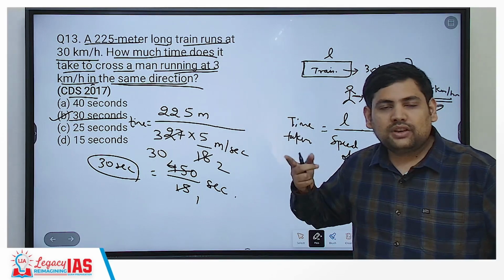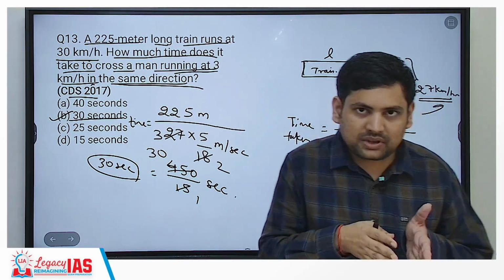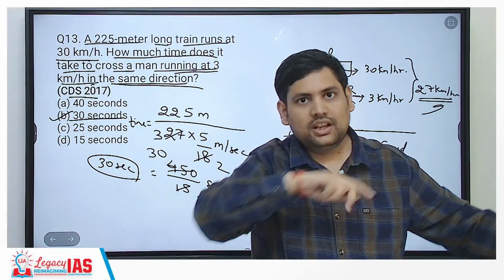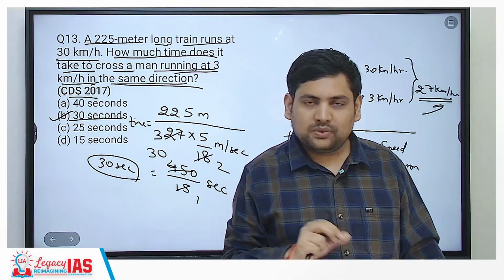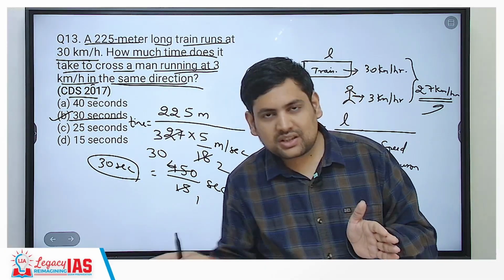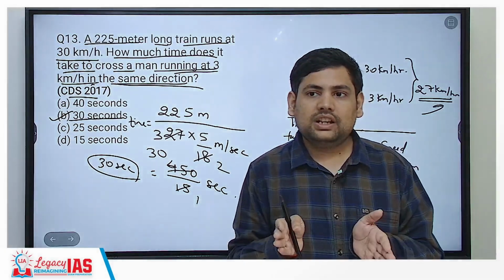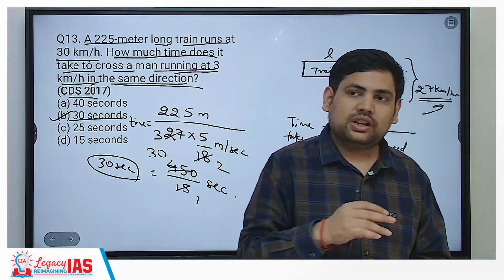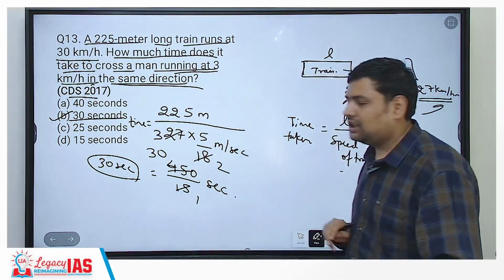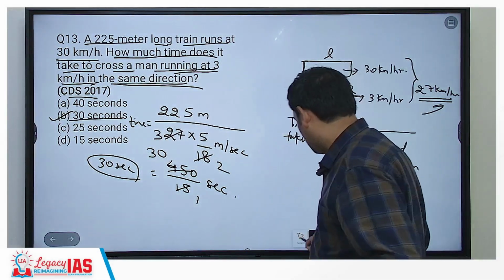In the other one, now you have something that has a bigger length, for example platform, so you add the lengths. Then in the third one, the object that the train has to cross is also moving. So if it is moving in same direction, you subtract the speed, find the relative speed. If it is moving in opposite direction, you add the speeds. Okay, that's it to find the time. That's it for this. Thank you.